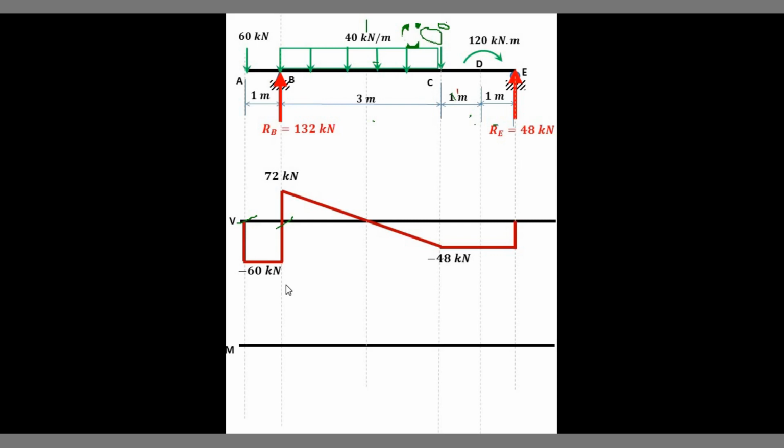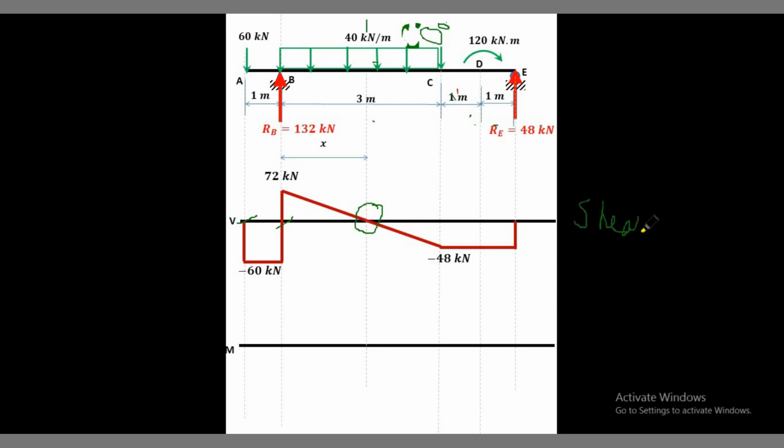60 times 1. Since nasa negative 60 yun, so that is negative 60. But, as you can see here in the figure in your screen, nag-zero ako sa point na to. Since we're dealing with areas, I can only draw my moment diagram kapag alam ko yung areas ng mga shapes na nandito sa my shear diagram.